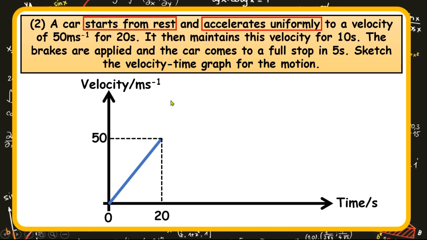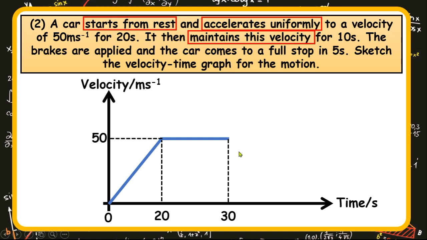From this point, it then maintains this velocity. Maintaining velocity means constant velocity, and it took 10 seconds for that. That will be added to the 20 to make 30 seconds. From this end, the brakes were applied and the car comes to a full stop in 5 seconds.